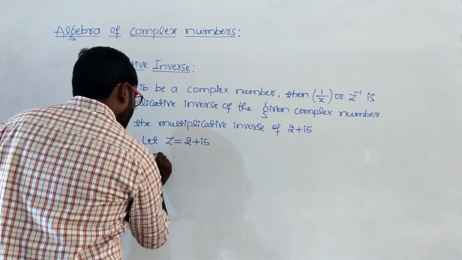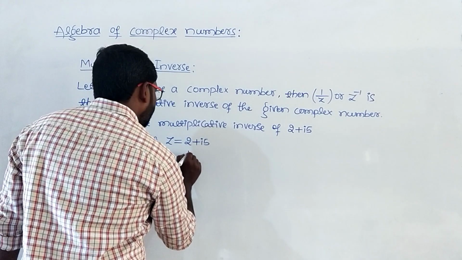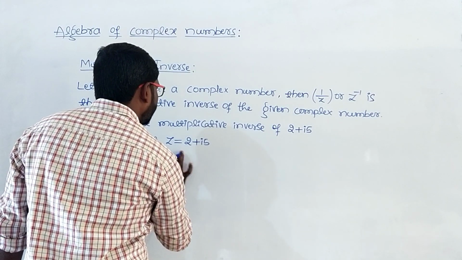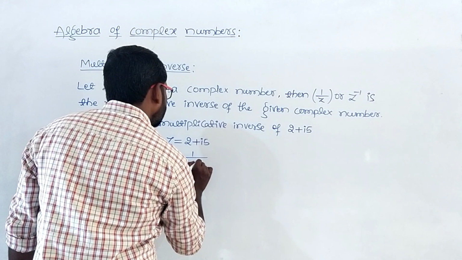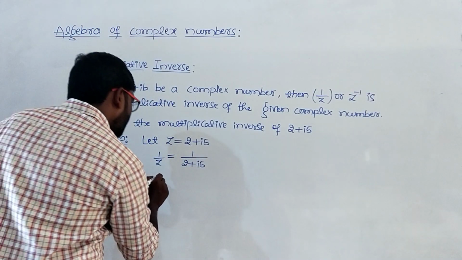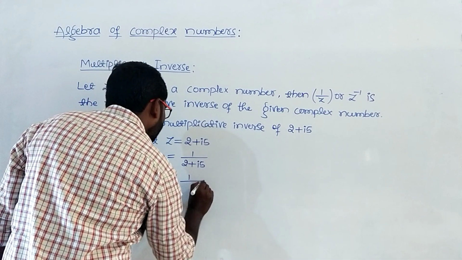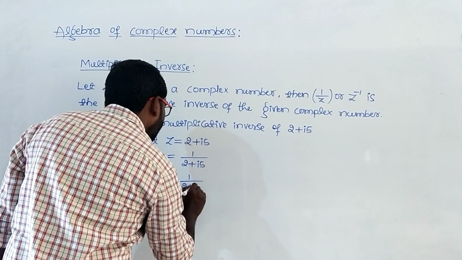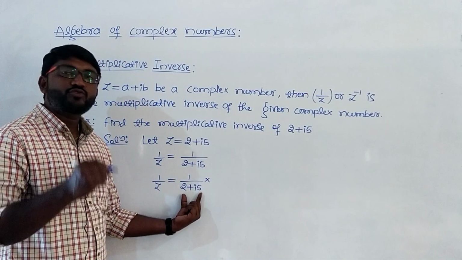So now 1 by z is equal to 1 divided by 2 plus i into 5. Then I am multiplying and dividing by the conjugate of this.